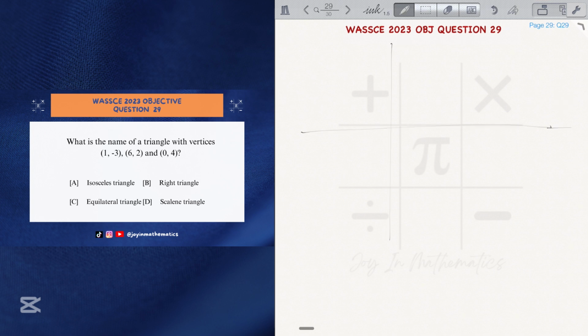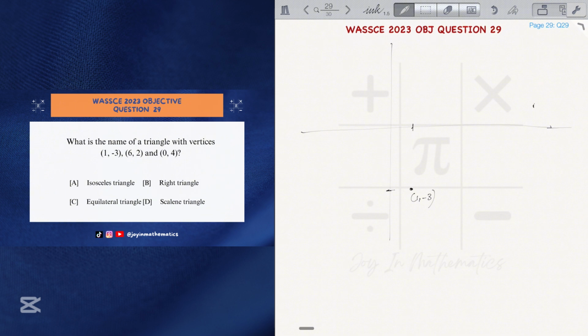Let's call the vertices A, B, and C. Let's just look at the points first. So we have (1, -3), and -3 should be here. So we call this (1, -3). And moving on, (6, 2), that's 6 on the x-axis and 2 on the y-axis.